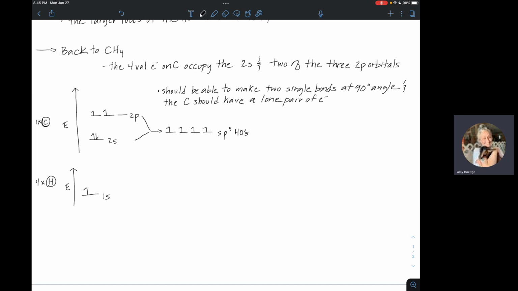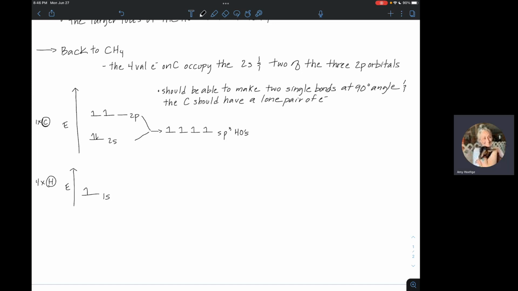So now check it out. We've got 4 hybrid orbitals. Each one is half filled. Now it seems like, yeah, we could probably allow each one of those hybrid orbitals to overlap with a half-filled orbital on hydrogen and make 4 single bonds.